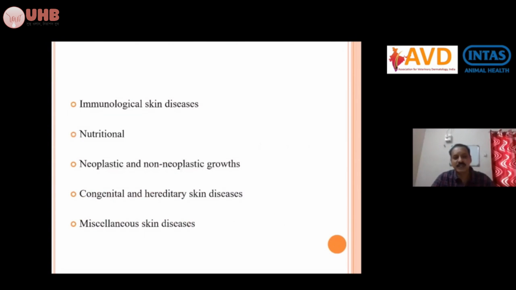There are also many congenital and hereditary skin disorders in large animals that we may see in our field practice. Sometimes a calf may be born hairless, with other congenital anomalies. Hereditary skin diseases are very common, and there are many miscellaneous skin diseases. So the classification itself is very broad.